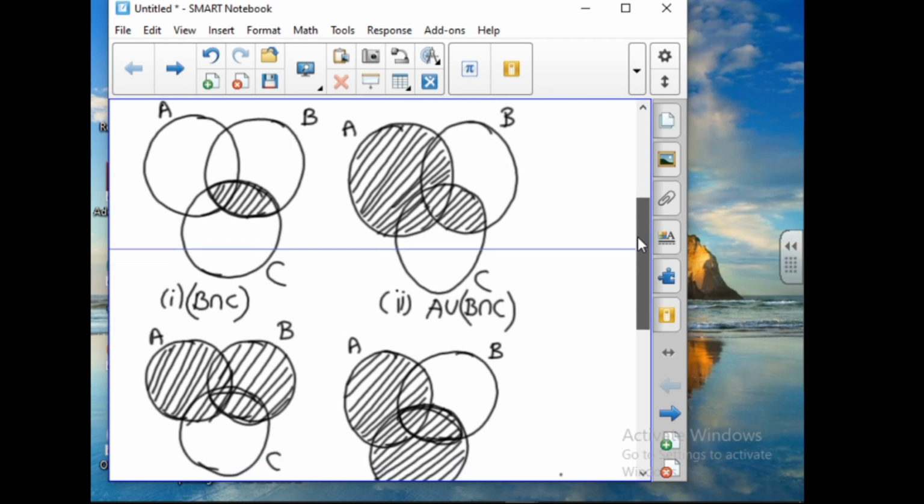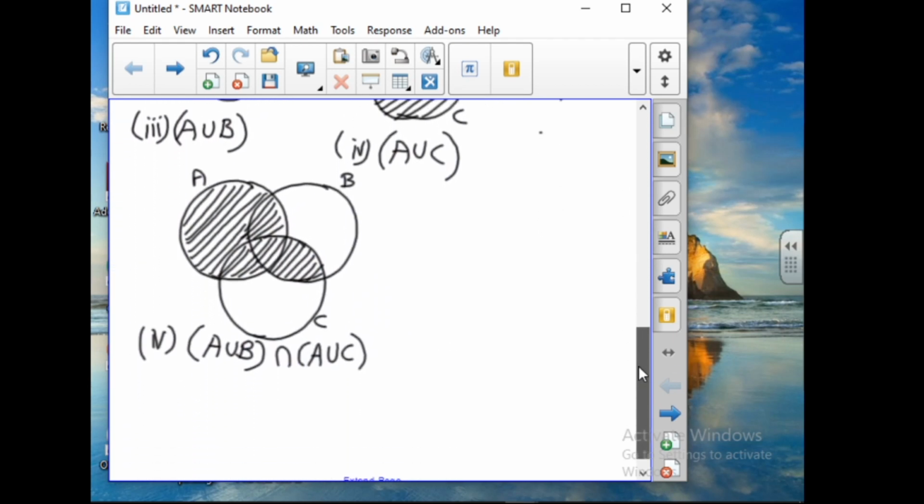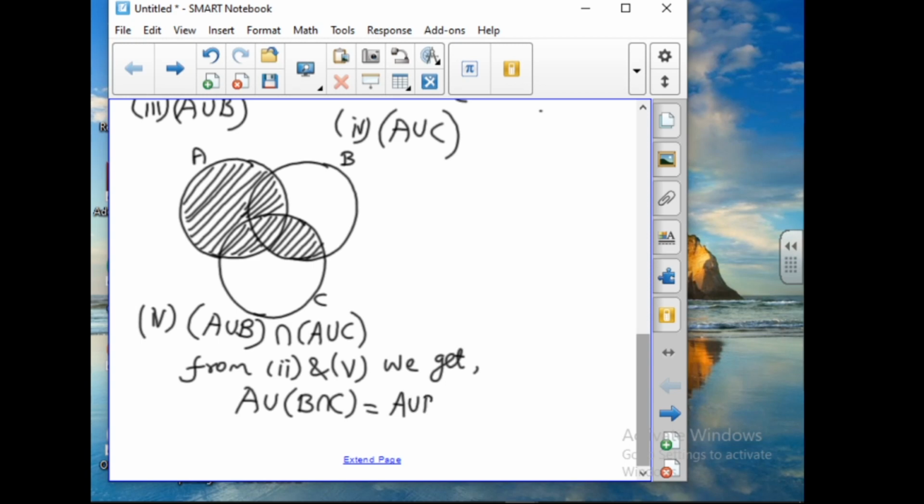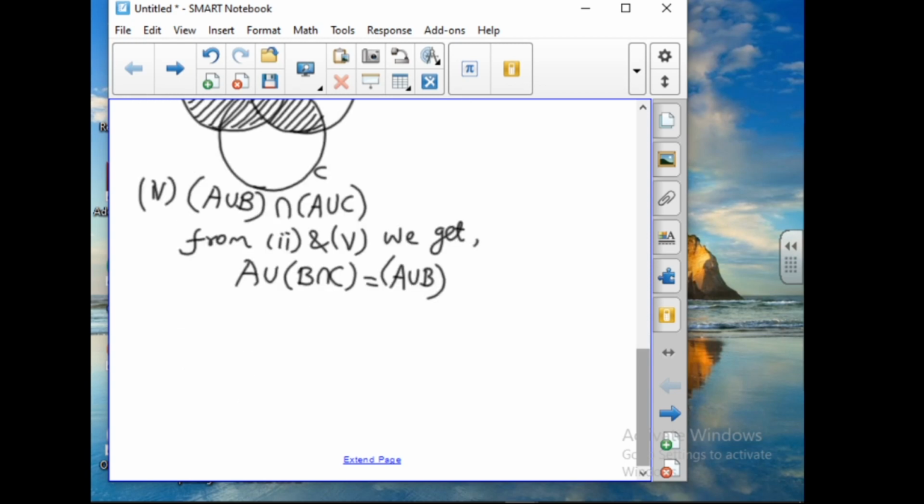Both diagrams are equal. So from 2 and 5 we get A union B intersection C is equal to A union B intersection A union C. Hence proved.